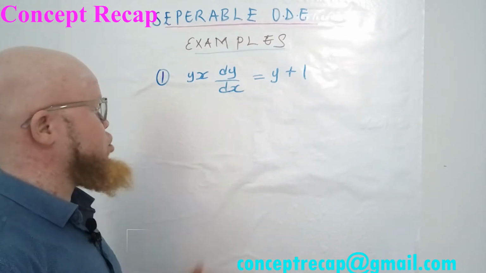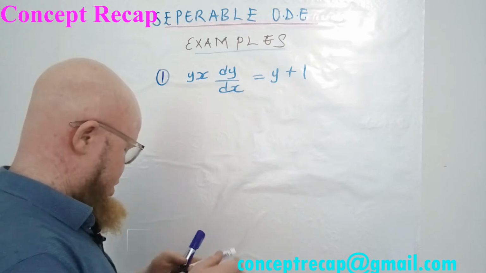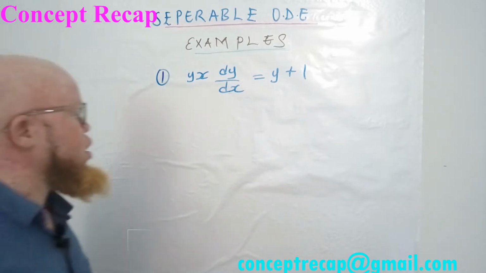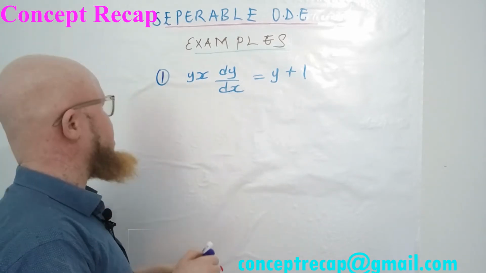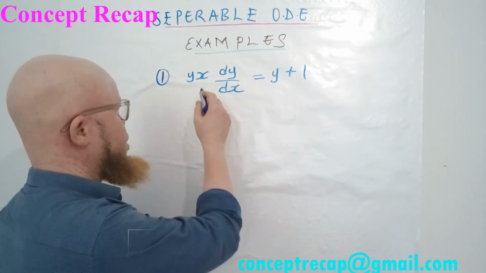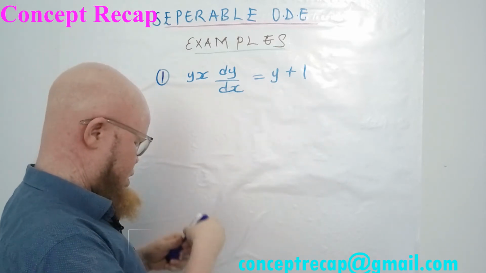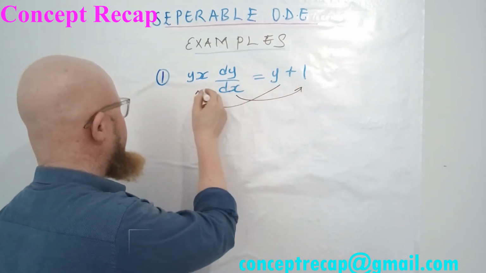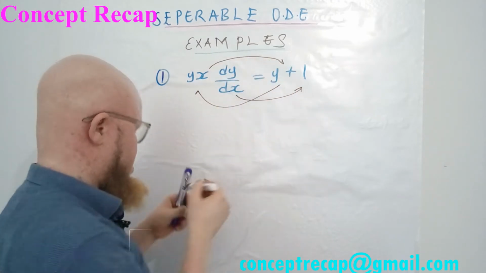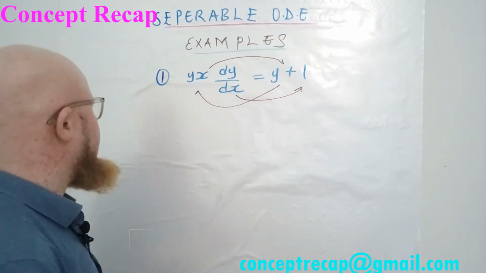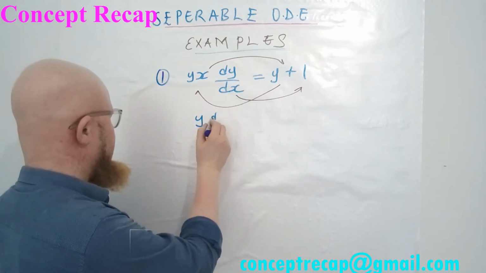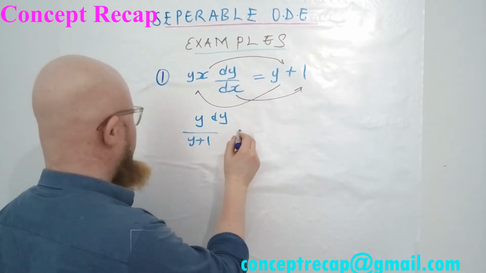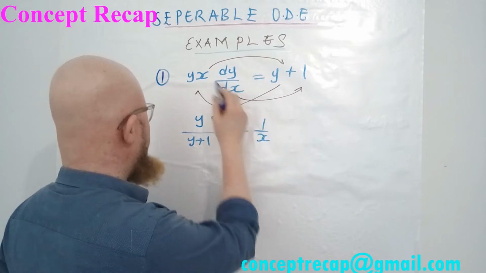So as usual, you are going to separate as the first step. This will go to this side, this will go to this side, and this will come to this side. So that's how you are going to do it, and you will remain with y dy divided by y plus 1, and this on the other side.